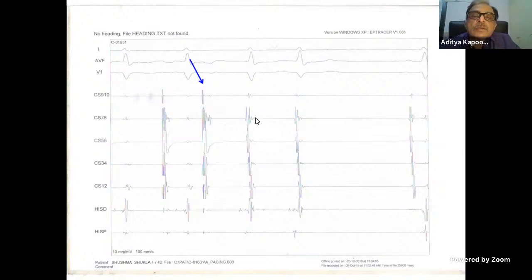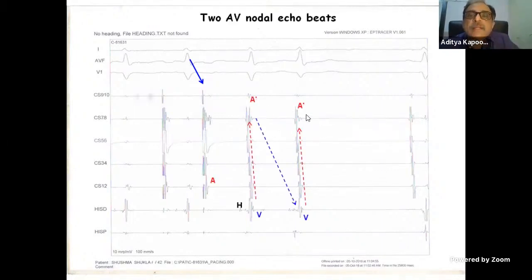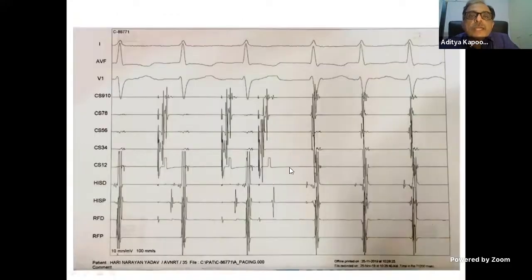And as Dr. Yash also said, if this perpetuates, what has happened is that the last A has not gone forward in the AV node because it finds the slow pathway refractory. So at some point, if you see over here, we just continue being more premature. This is the last pacing spike which was given. Atria is being paced.